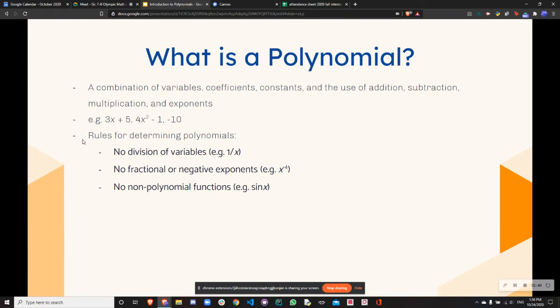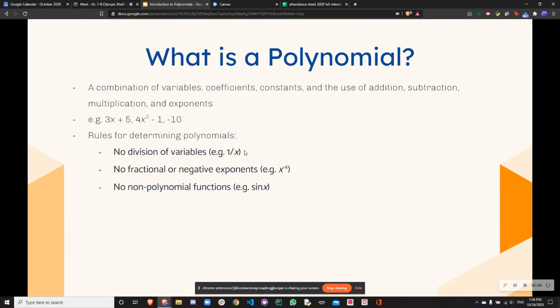But there are some rules to define polynomials, like how to differentiate between a polynomial and just an expression. First rule, you can't have division of variables. For example, you can't have 1 divided by x because you're dividing by a variable, which is x.